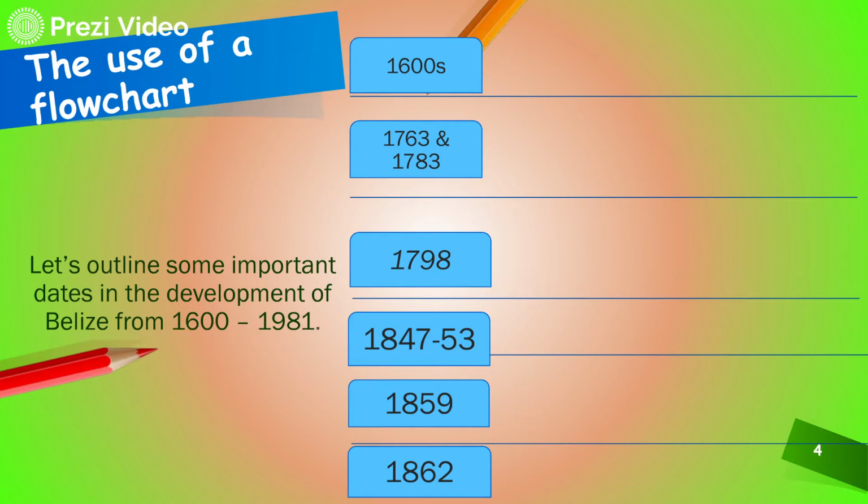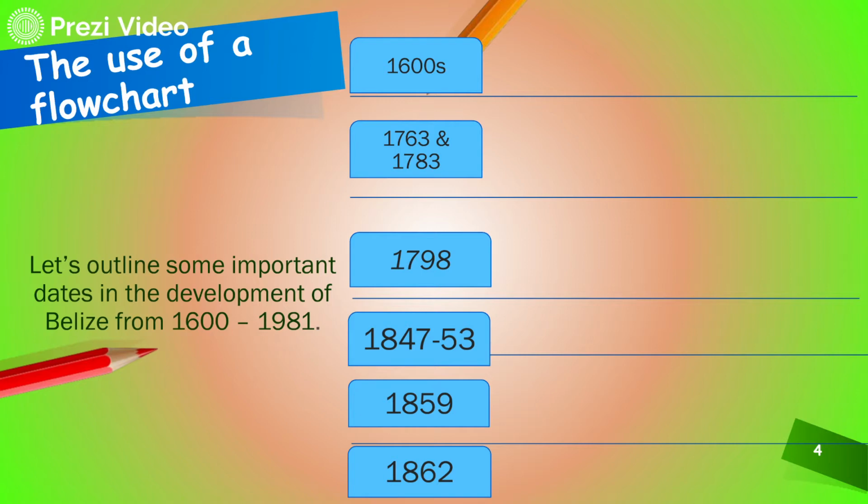Our first date, of course, we need to start off with 1600s. Then we will be looking at 1763 and 1783. Remember now, I am outlining these dates first before I explain to you what had happened during this particular time.